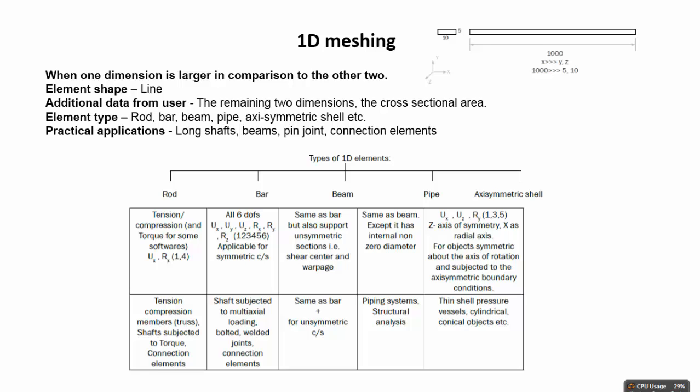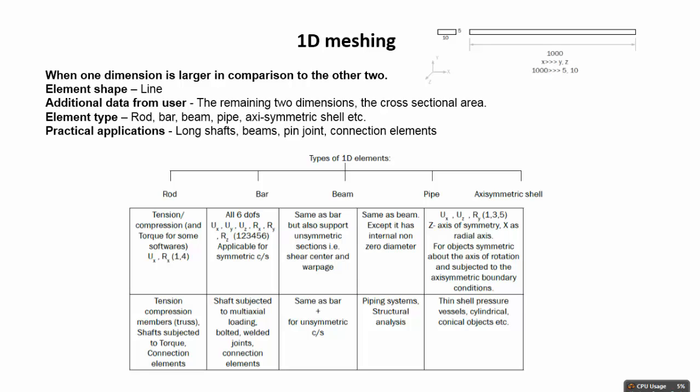For the bar element, all the 6 degrees of freedom, like translation about x, translation about y, translation about z, and rotation about these three axes are available, but the bar element is applicable for only symmetric cross sections. So for the shaft subjected to multi-axial loading, like bolted, welded joints, connection elements, the bar element is used.